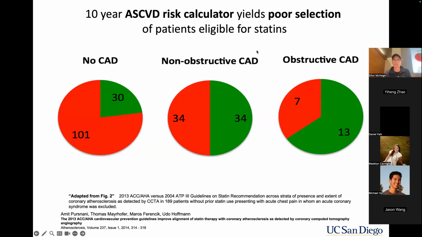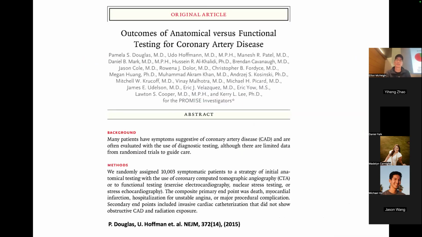It has multiple things in it about blood pressure and previous disease, et cetera, but it's all clinical information. And this was a really cool paper. The question was, let's take this risk calculator and decide who should go on a statin and who should not. And let's image them and see how that correlates with our decision using this risk calculator.